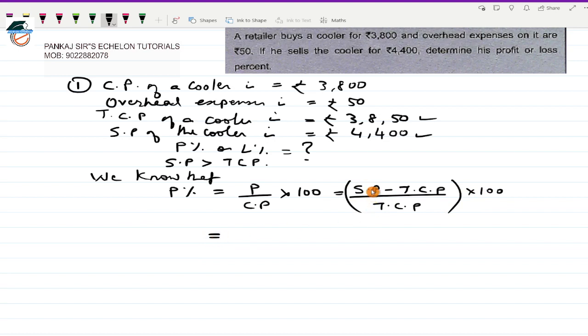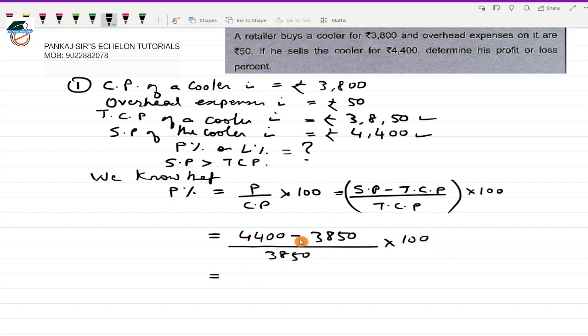So selling price will be 4400 minus total cost price will be 3850, divided by TCP, which is 3850, multiplied by 100. Now just working you have to do.